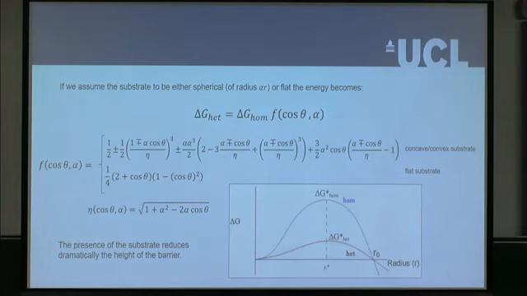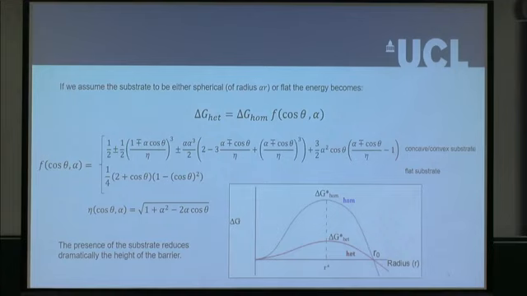For really simple substrates, for example flat ones or spherically convex or concave ones, it is possible to write the heterogeneous nucleation energy profile in terms of the homogeneous nucleation energy profile, just by multiplying by a factor which encodes the geometry of the substrate on which the nucleation is happening.